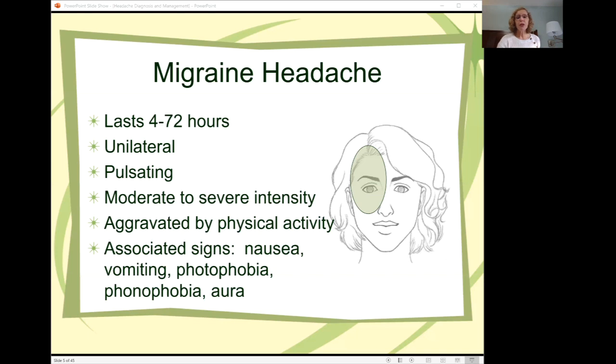It must be unilateral, pulsating, moderate to severe in intensity, or aggravated by physical activity. In addition, the headache must be accompanied by either nausea and vomiting or photophobia or phonophobia.